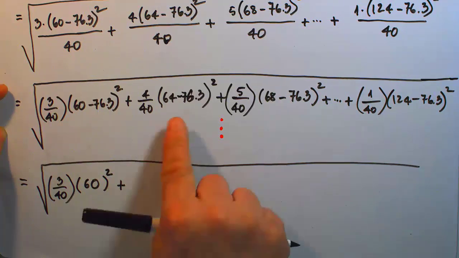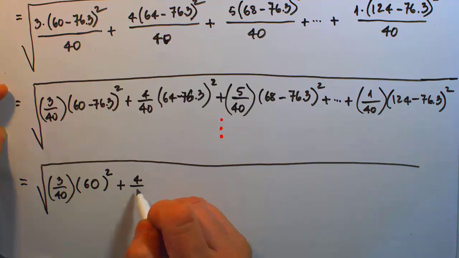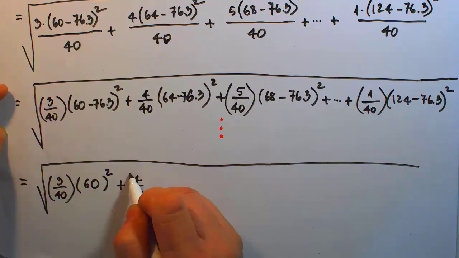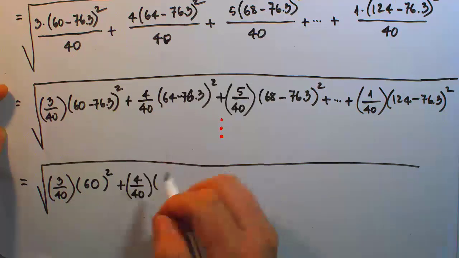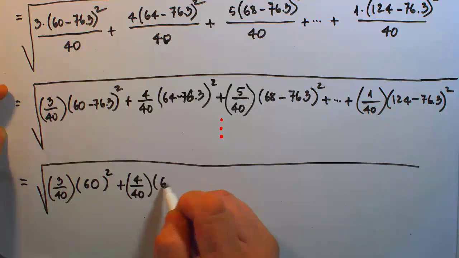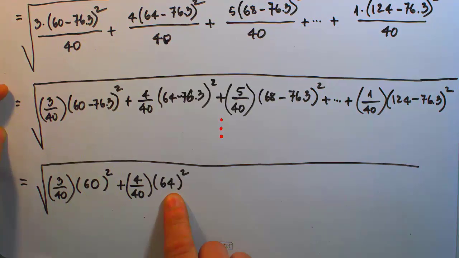The next term also reduces down to 4 out of 40 times, but instead of the difference, it reduces down to 64 squared, just the value on the probability distribution being squared itself.